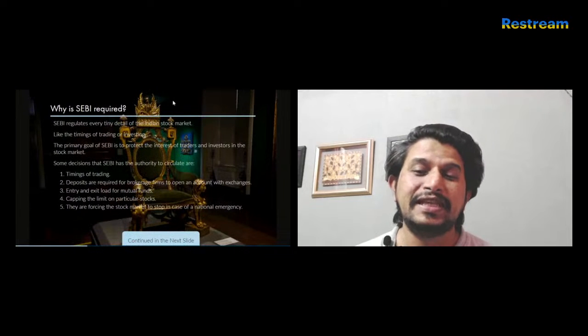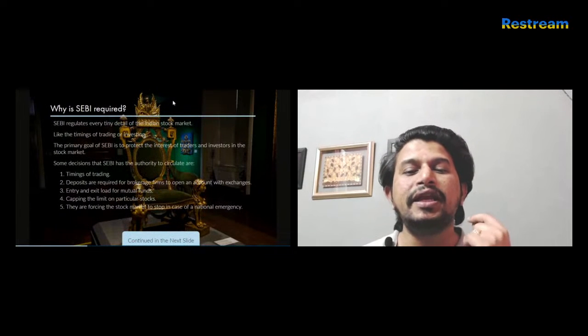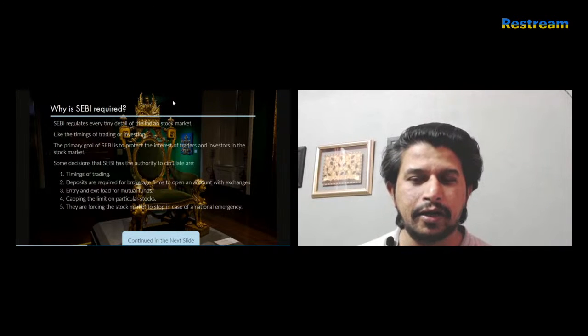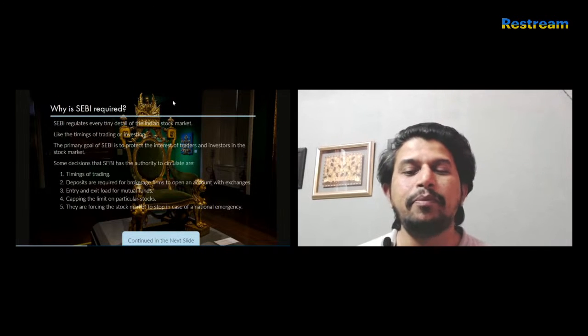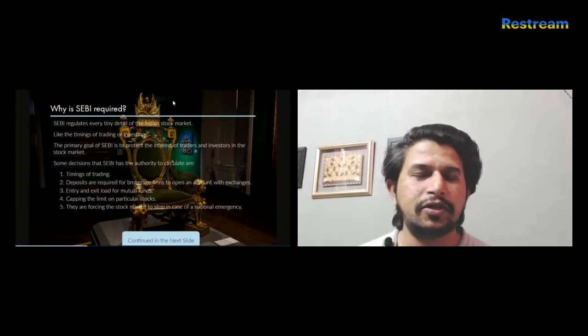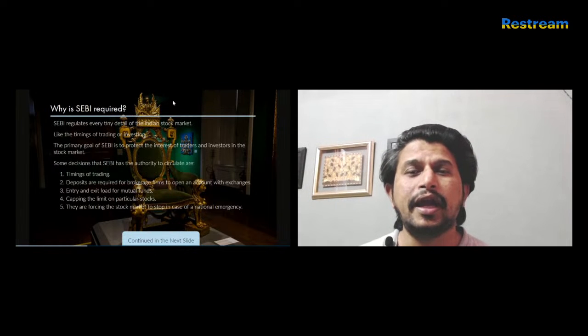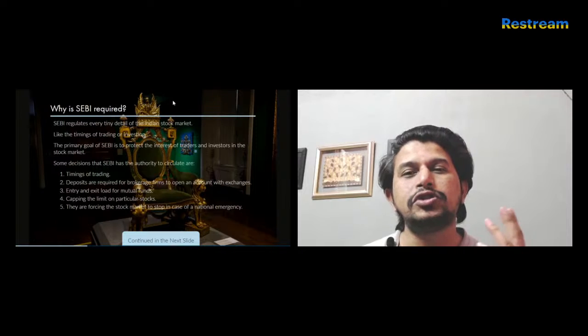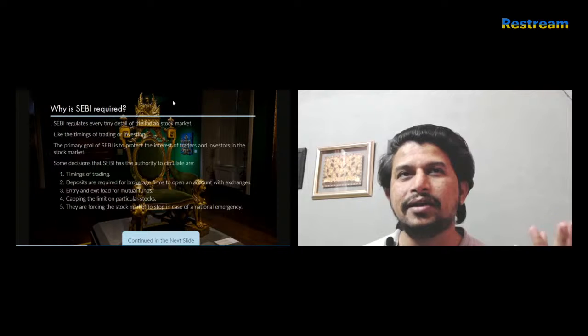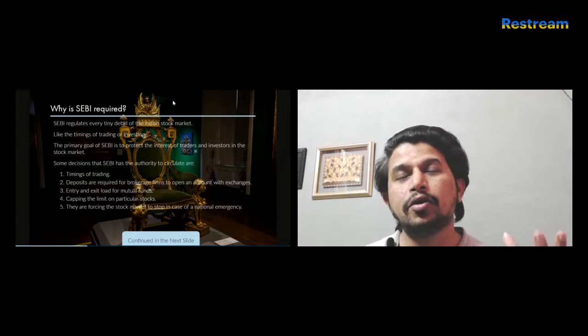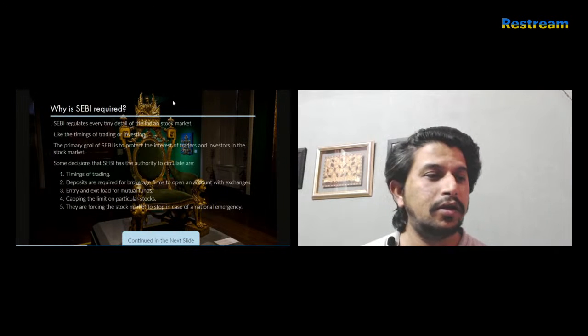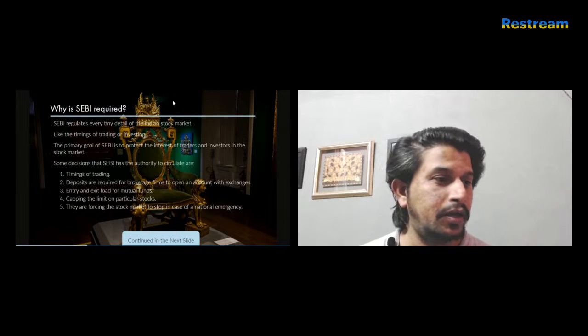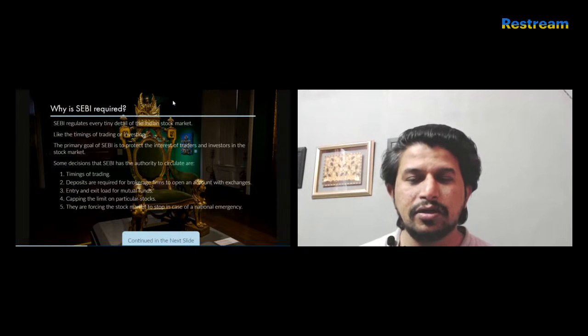Why is SEBI required? SEBI regulates every tiny detail of the Indian stock market, for example, the timing of trading or investing. Previously the market used to start at 9:45 or 10 o'clock in the morning, and that was changed to around 9:15, running until 3:30.